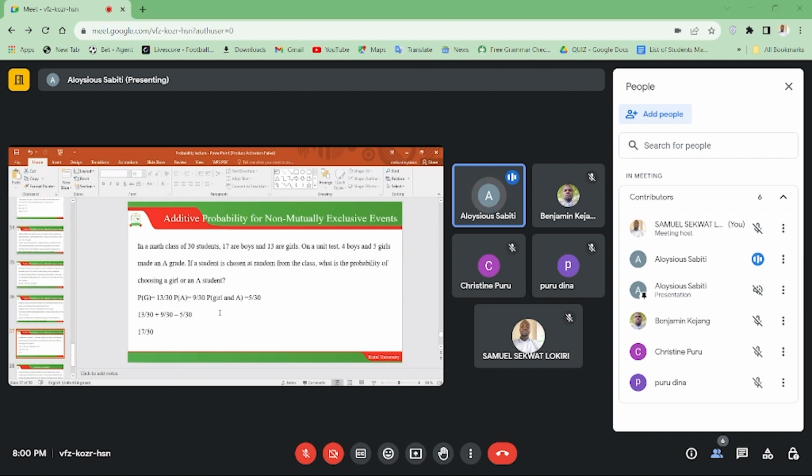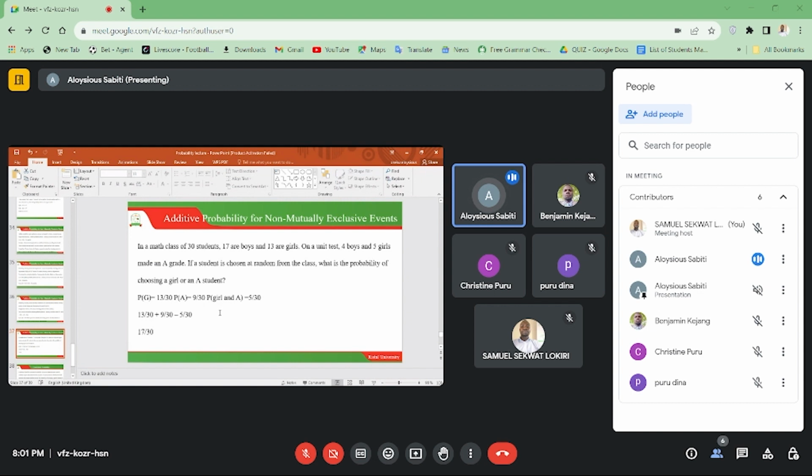In this regard, to calculate the probability of choosing a girl or an A student, the probability of choosing a girl would be 13, the 13 girls divided by the total number of students, which is 30.